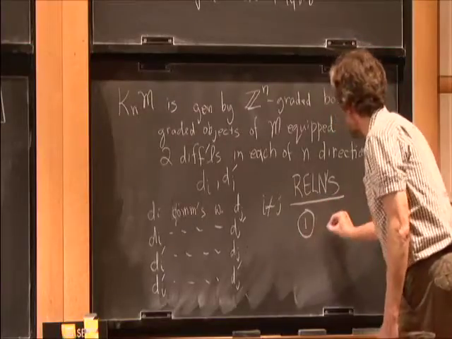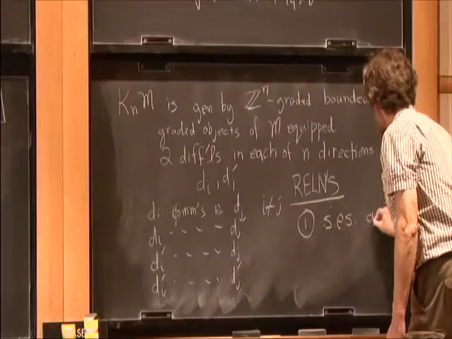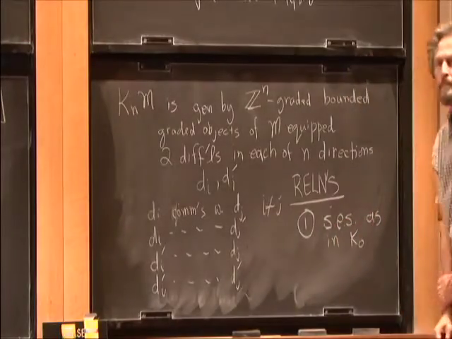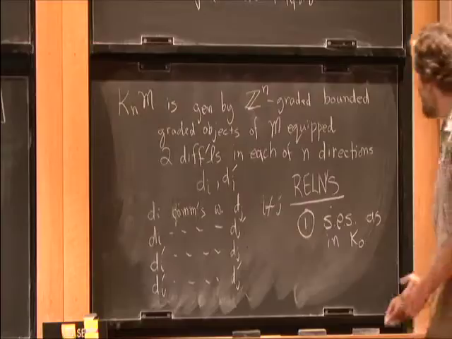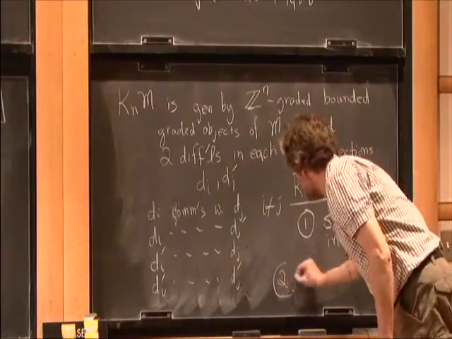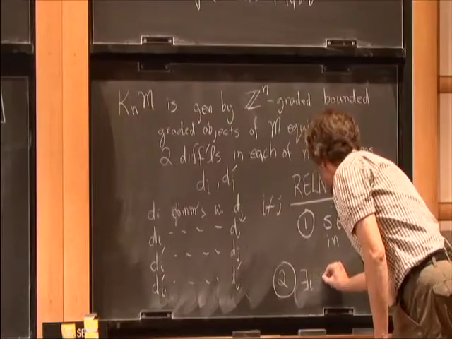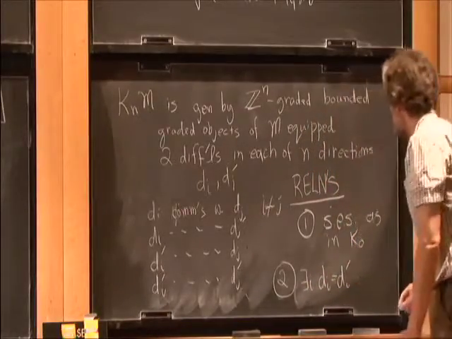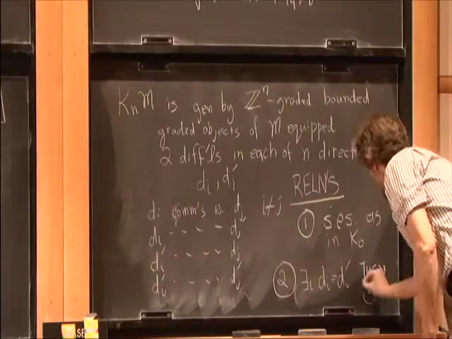There's the one coming from short exact sequences, just as in the definition of the Grothendieck group, you could have a short exact sequence of such things. And then the second relation is that if there exists an i so that the two differentials in the ith direction are equal, then you have to get 0.